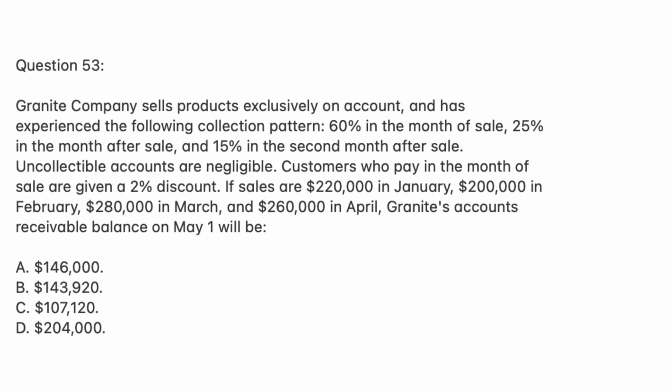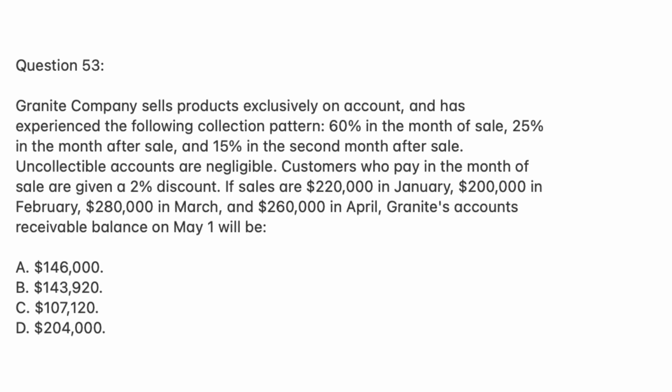Question 53. Granite Company sells products exclusively on account and has experienced the following collection pattern: 60% in the month of sale, 25% in the month after sale, and 15% in the second month after sale. Uncollectible accounts are negligible. Customers who pay in the month of sale are given a 2% discount.